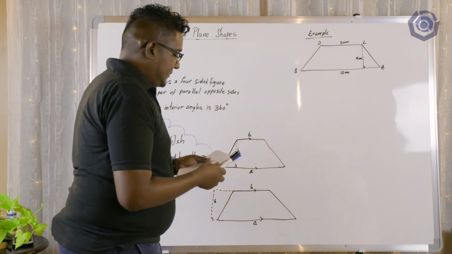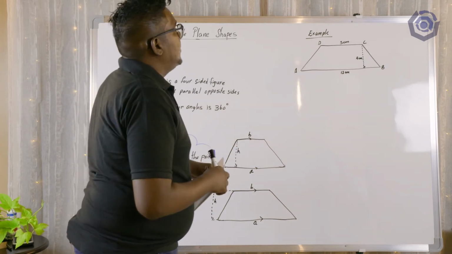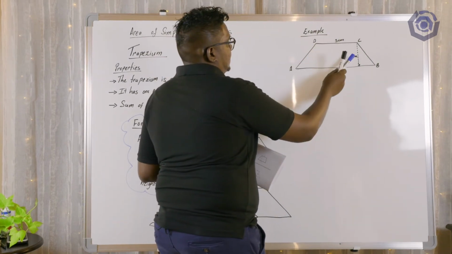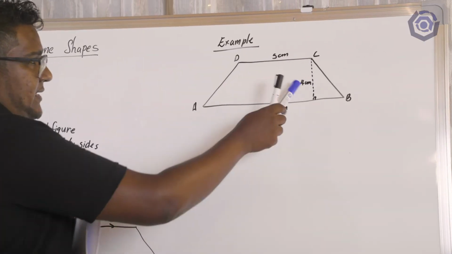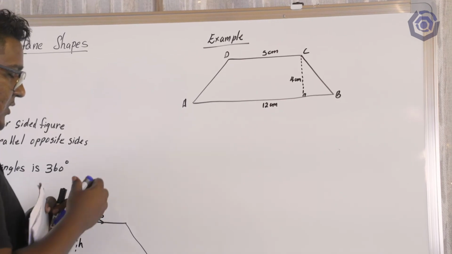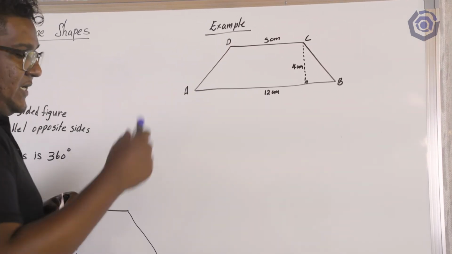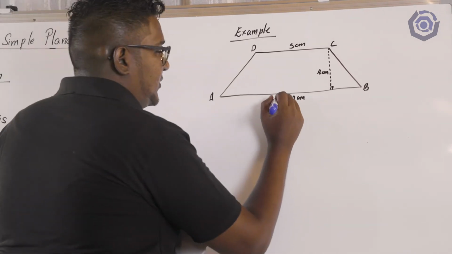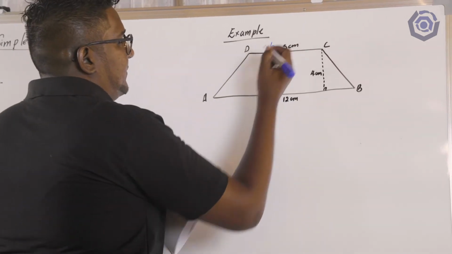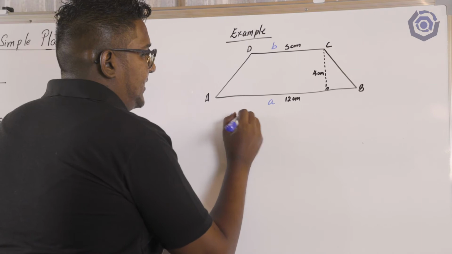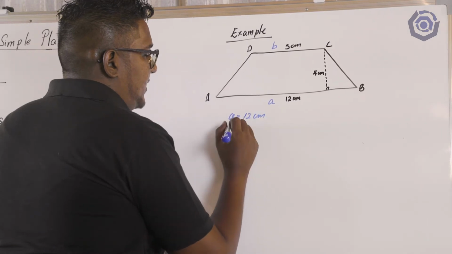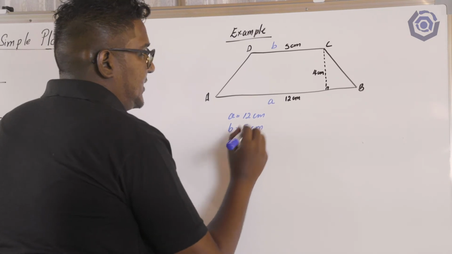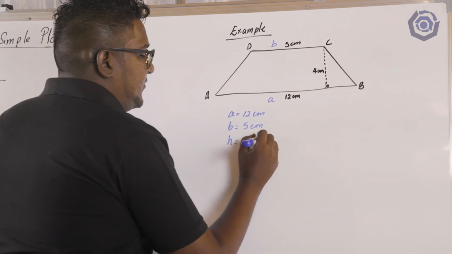So let's go to an example. You have a trapezium here with two measurements and then you have the height. These two could be named either A or B. You could interchange them, it doesn't matter. So let's work with what we have, A and B. We have A is equal to 12 cm and B is equal to 5 cm. H, which is our height, is given as 4 cm.